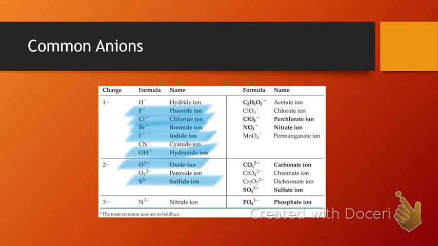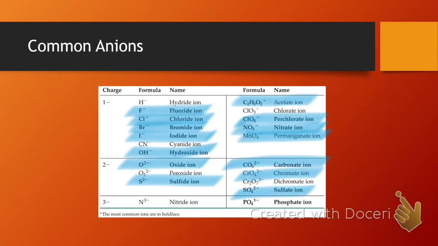We have a lot more of the polyatomic anions. This is acetate, chlorate, nitrate, permanganate, carbonate, chromate, sulfate, and phosphate. And this gives all of their respective charges.